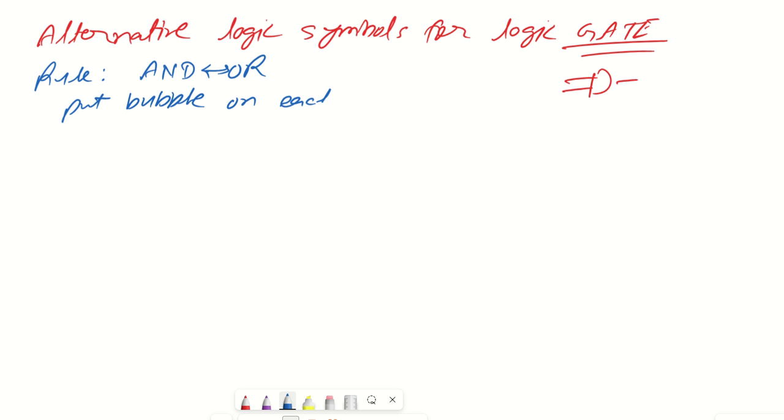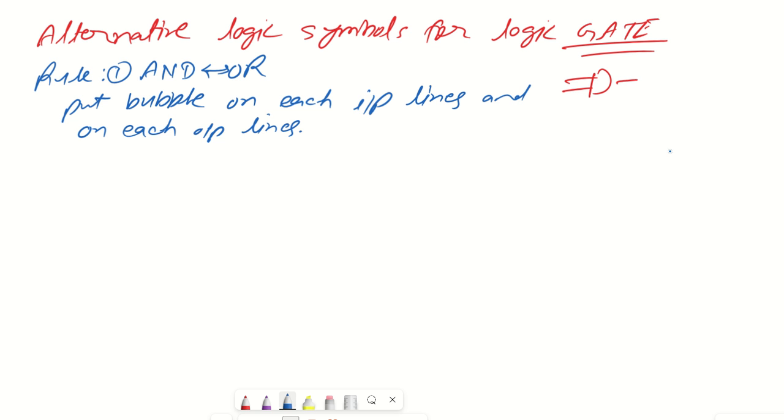So put bubbles on each of the input lines, and on each of the output lines, okay. So you have to put bubbles on each input line and each output line.